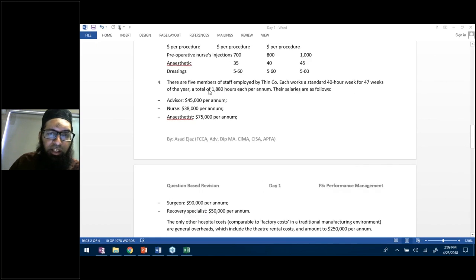So over here, they have been told that each works a standard 40-hour week for 47 weeks of the year, a total of 1880 hours each per annum. Now 1880 hours means that the advisor will work 1880 hours, nurse, anesthetic, surgeon and recovery specialist all will work 1880 hours each.